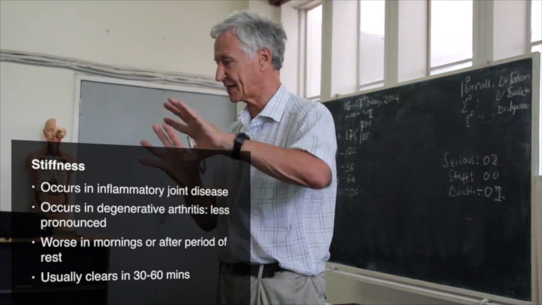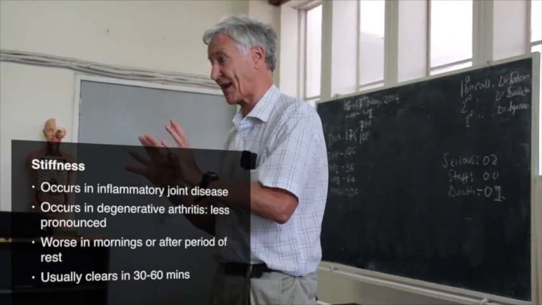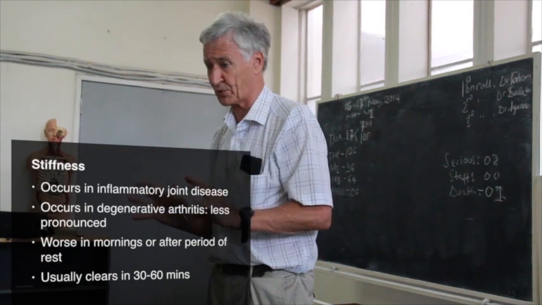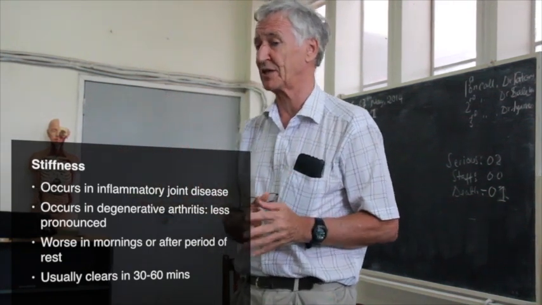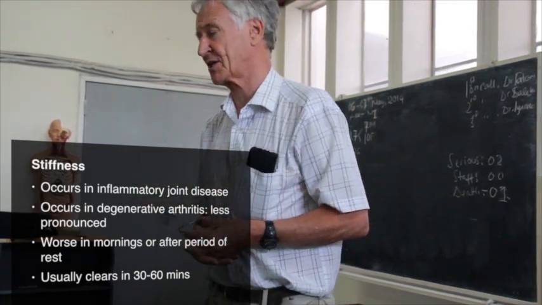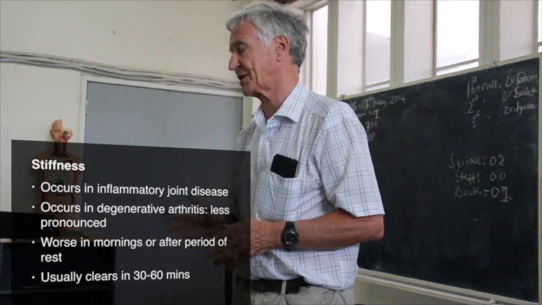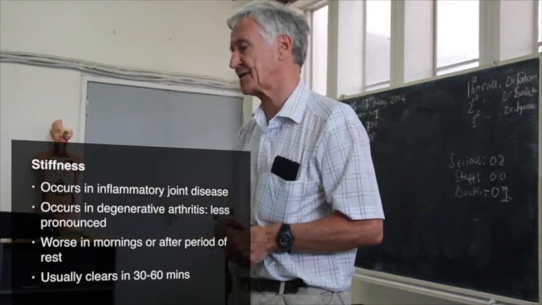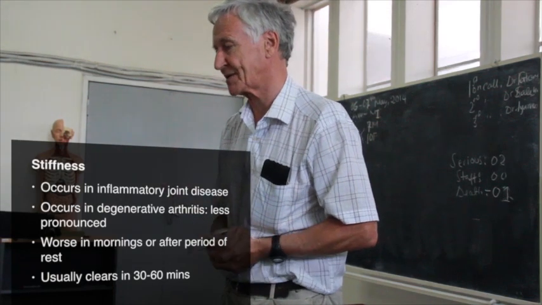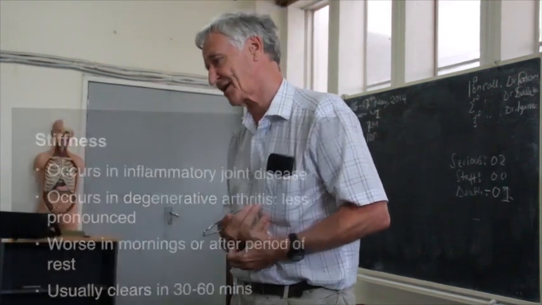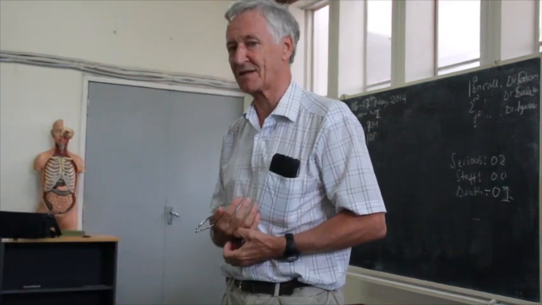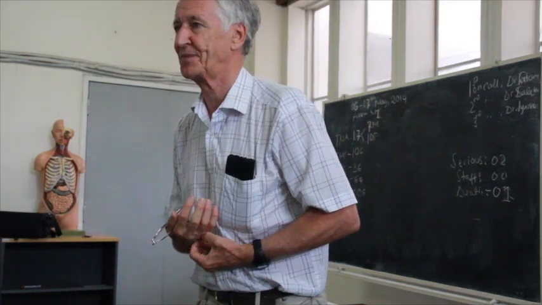And that is characteristic not just of what we call the rheumatoid group, the inflammatory ones, but you also get it with degenerative arthritis, worse sometimes in the morning. But again, exercise and movement may make it worse, which is the characteristic of arthritis. In other words, it's the movement that makes it worse.